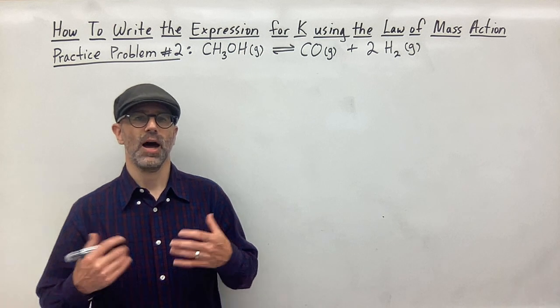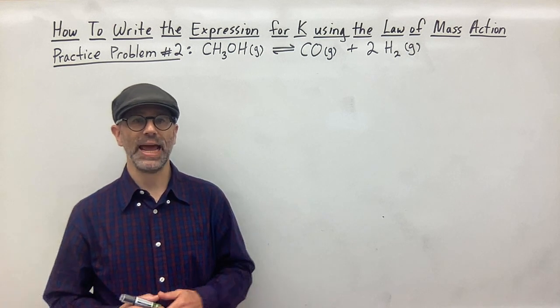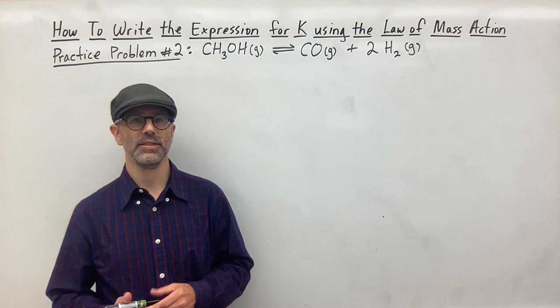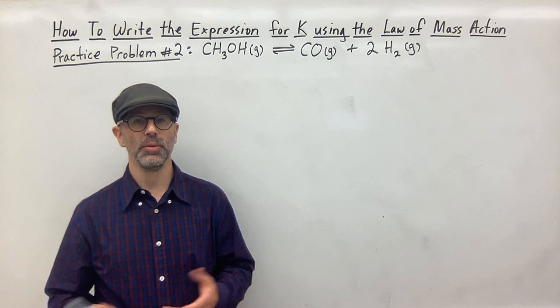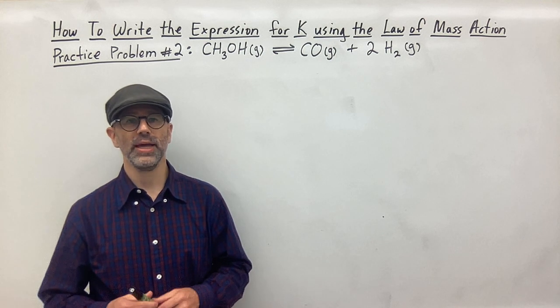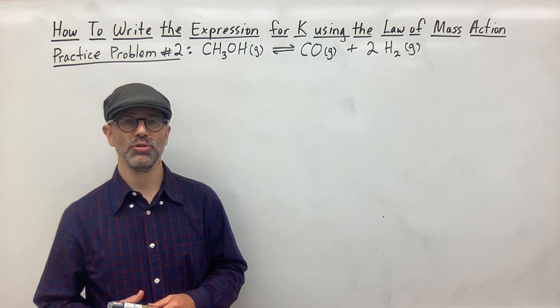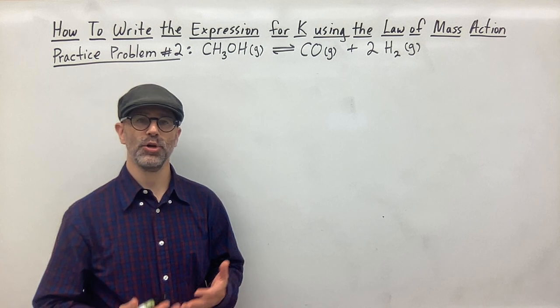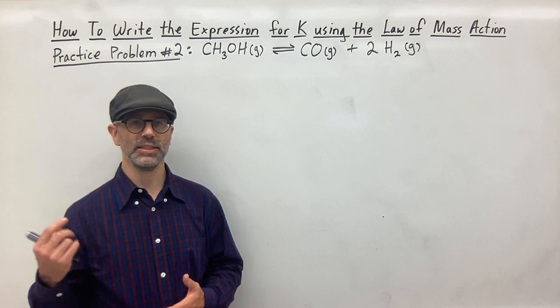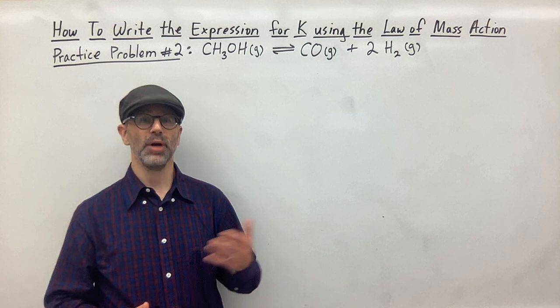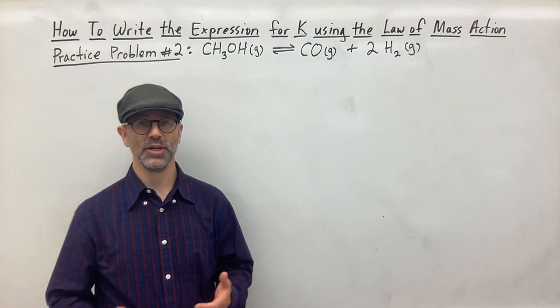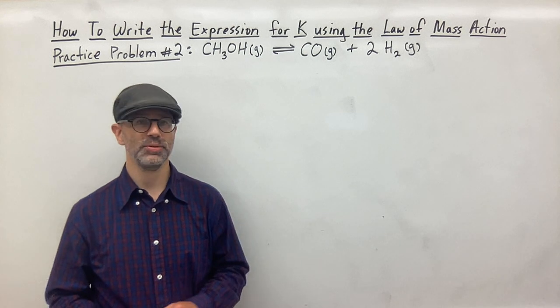And so basically both products and reactants are going to affect your equilibrium constant. So the way this works is that you are going to write an expression for your equilibrium constant based on the concentrations, or pressures if you're given atmospheres or pressures of the substances.